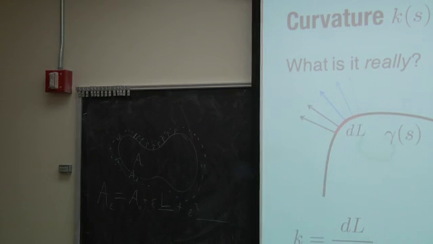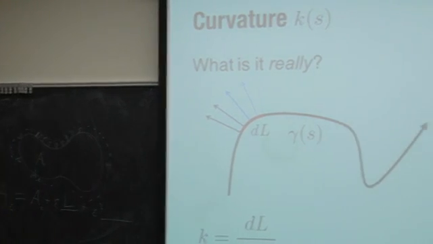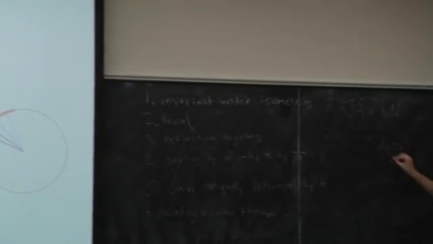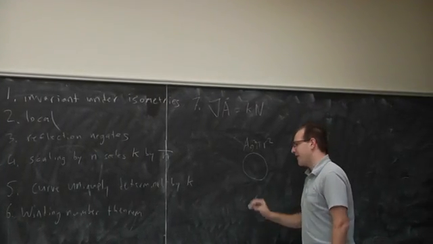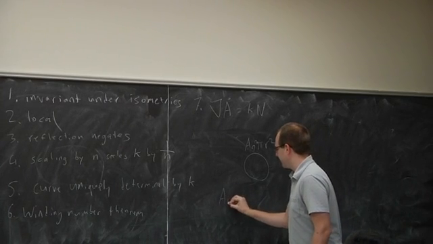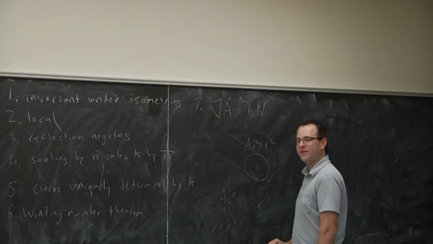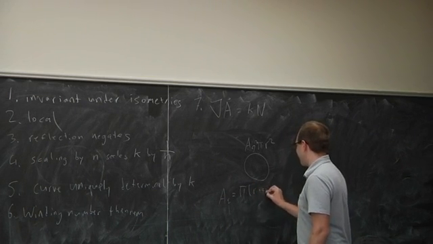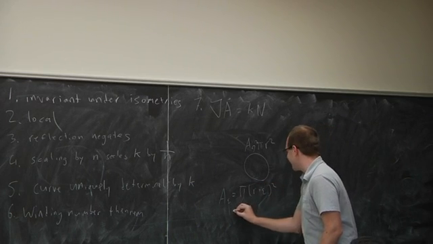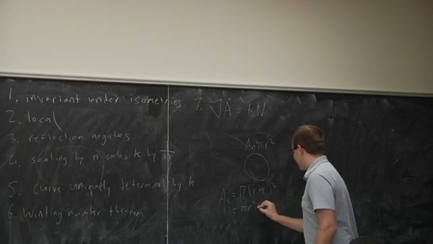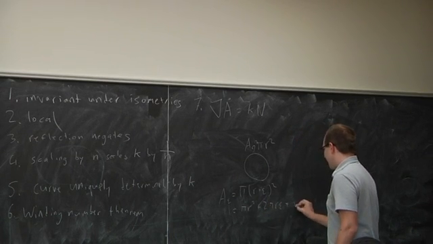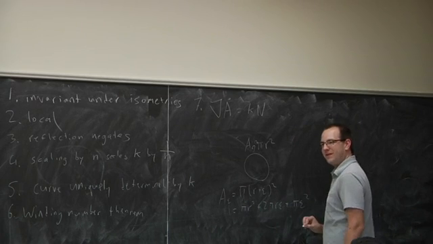Maybe we try an example. Maybe we try a circle. A0 is pi r squared. What's A epsilon? Well, okay, so what is this? Pi times r plus epsilon squared. Even I can do this, right? Pi r squared plus 2 pi r epsilon plus pi epsilon squared.